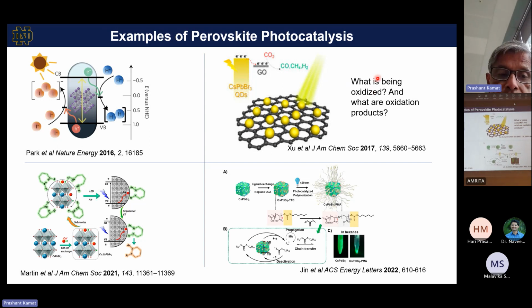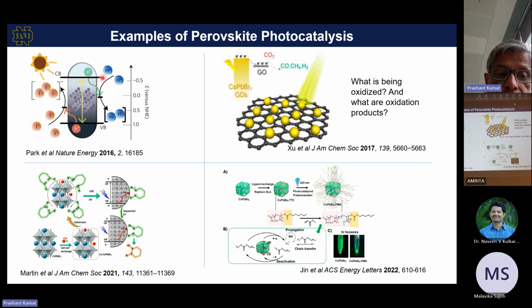If you look into the literature, this early work showed that you can split hydrogen iodide to generate hydrogen, and the iodide, which is here, repairs these perovskite nanocrystals. People have also used them for reducing CO2 or making some chemicals.